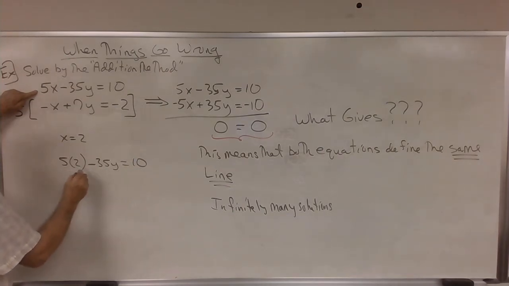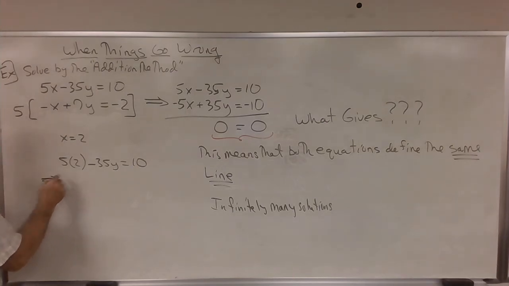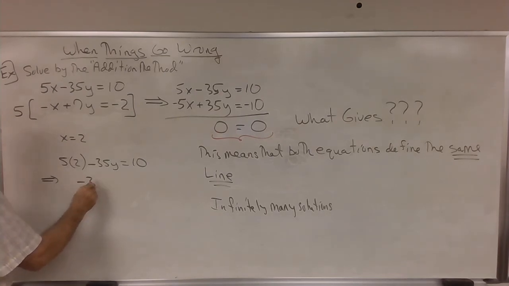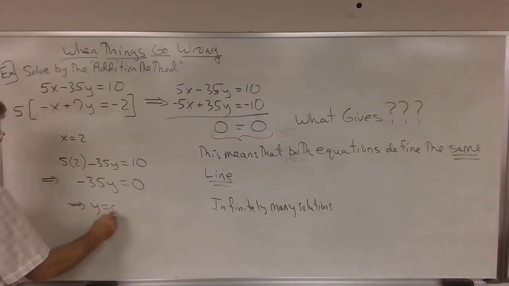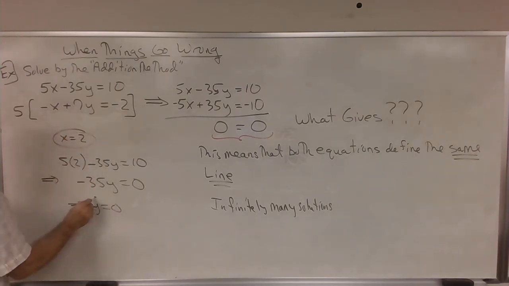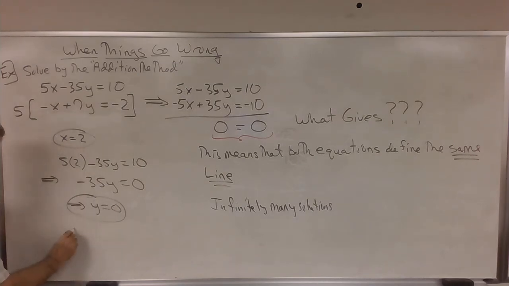Wow, look at this. 10 minus 35y equals 10. I'll subtract 10 from both sides. That'll give me 35y equals 0, which means y equals 0. So when x is 2, y is 0. That's a solution, and it's a solution for both of these lines because these lines are one and the same.